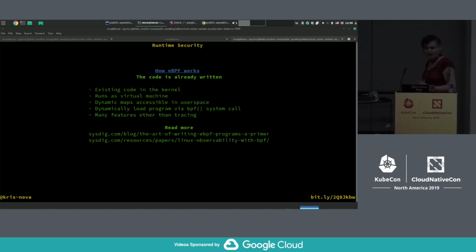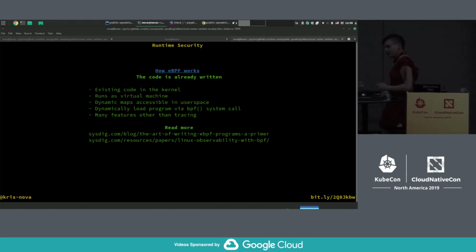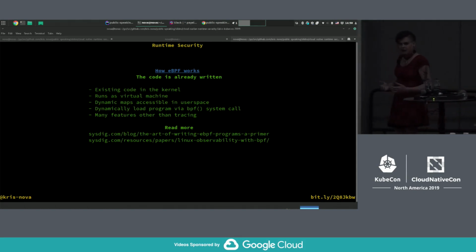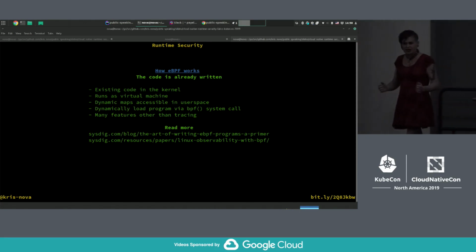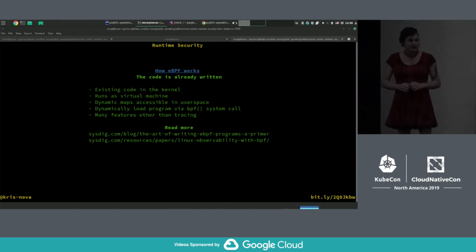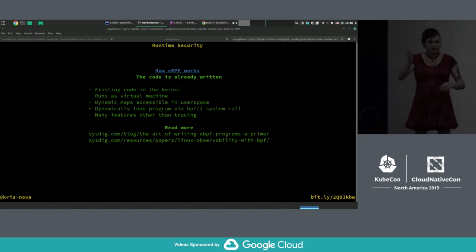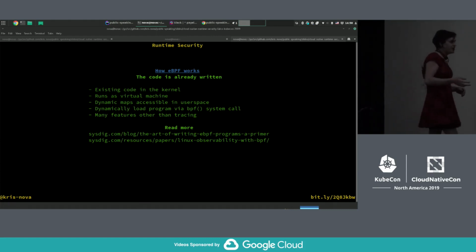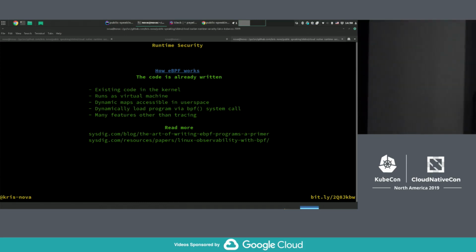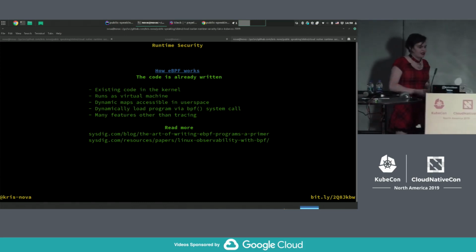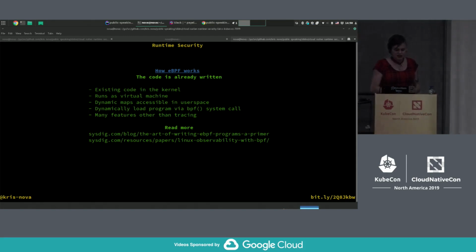So how eBPF works. Like I mentioned earlier, the code is already written, and we're just turning it on. There's a virtual machine that is compiled into the kernel. In fact, you can go to github.com/torvalds/linux, I think /bpf, I think it's in the top-level directory, and you can actually see the code that folks have been working on, and that it's been very recently committed to. So it runs as a virtual machine.